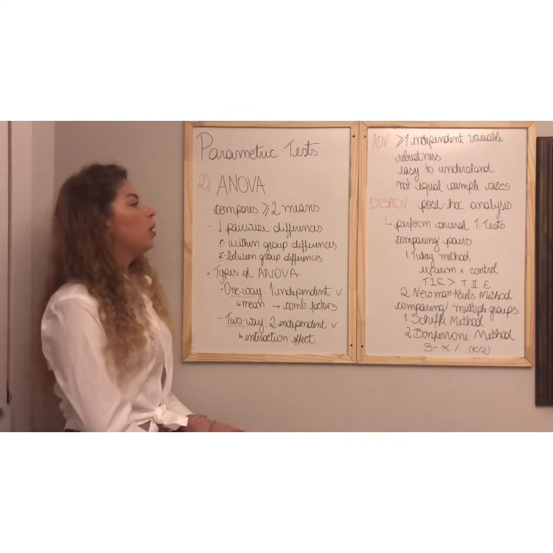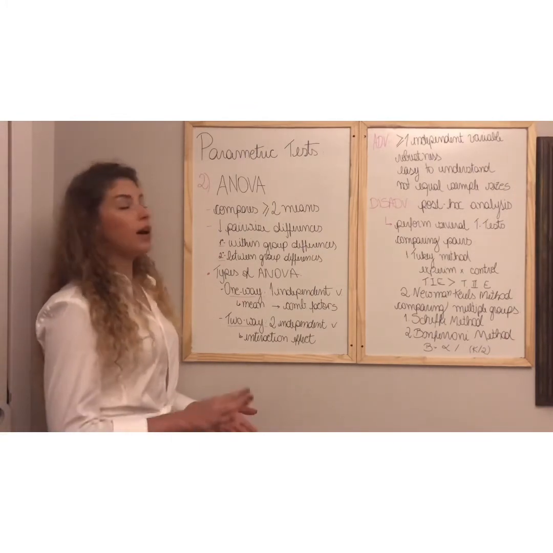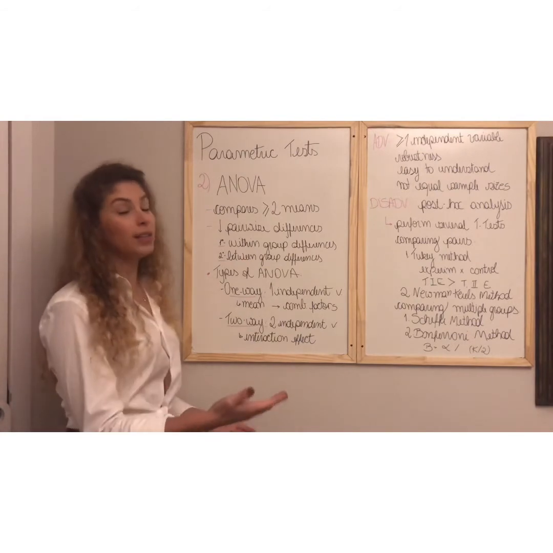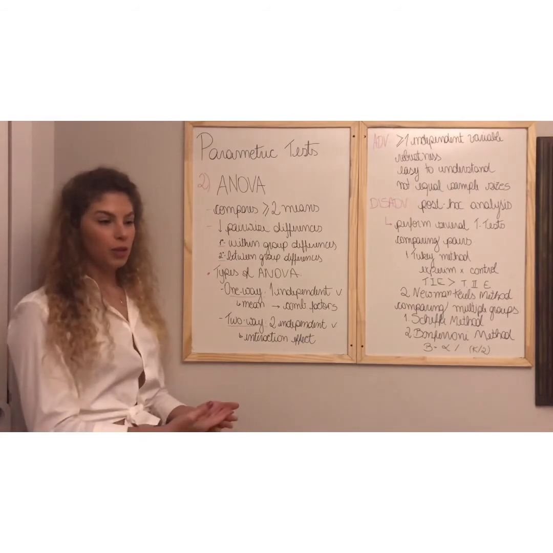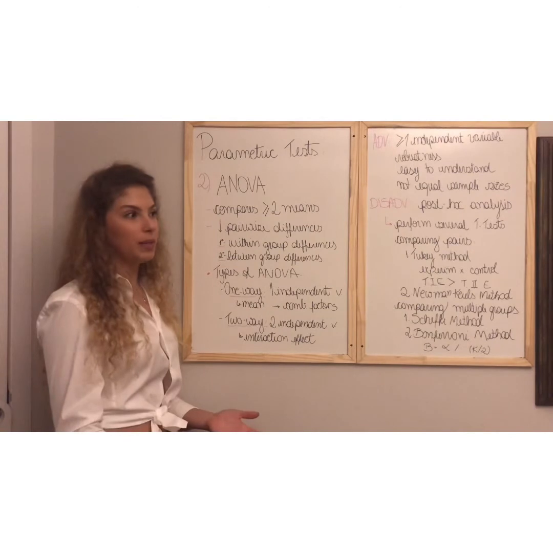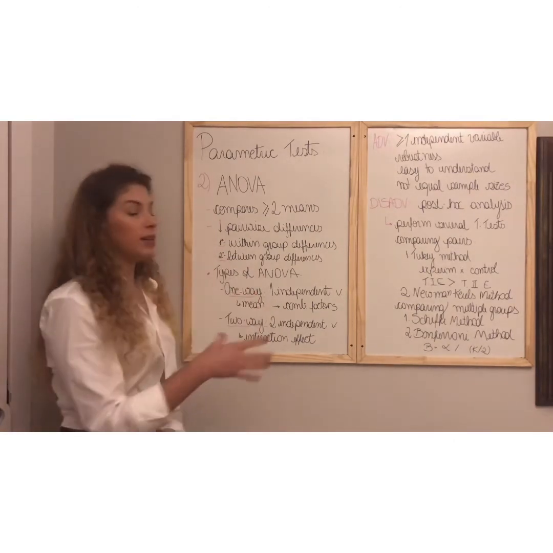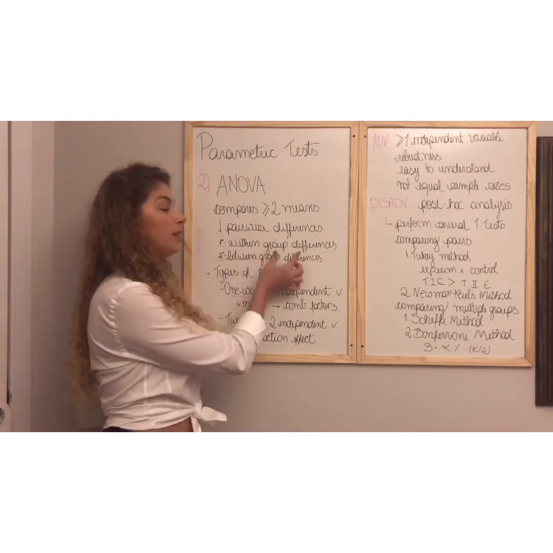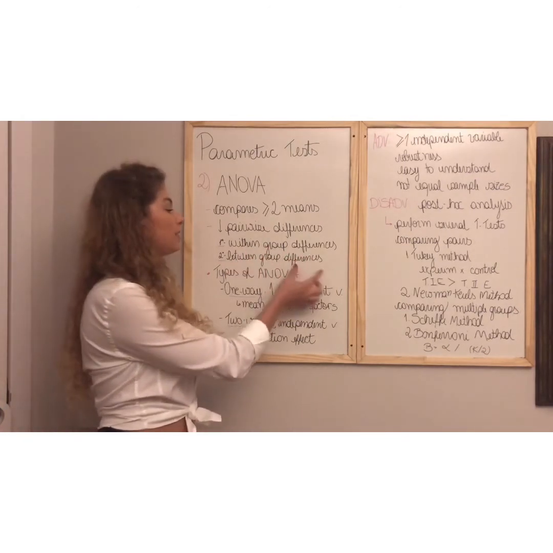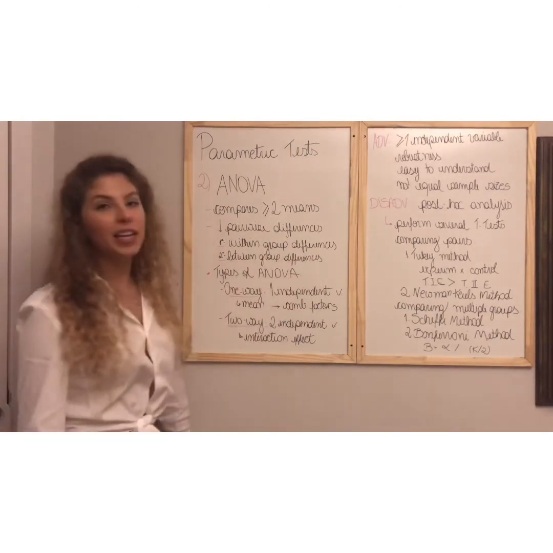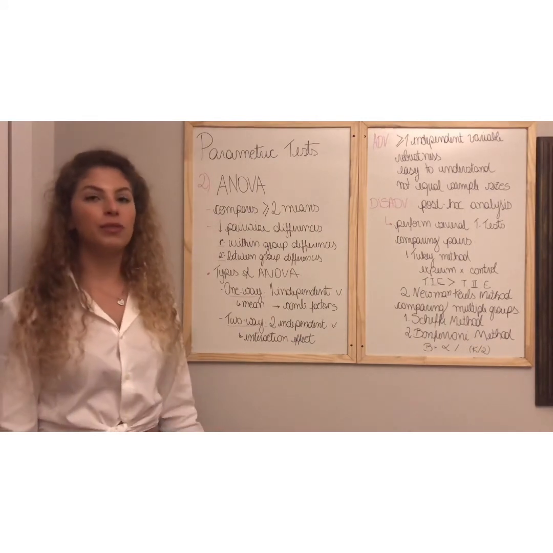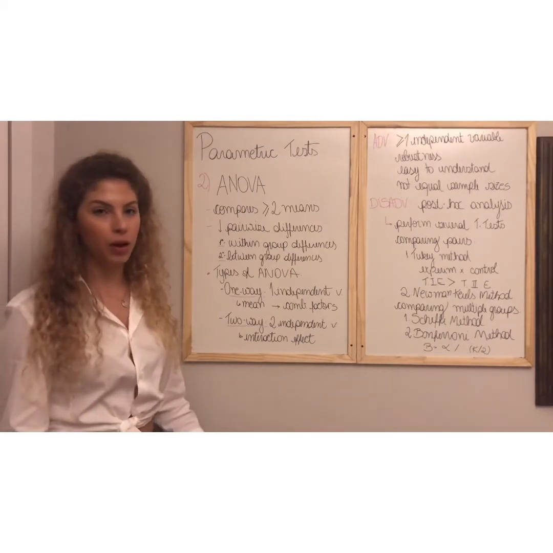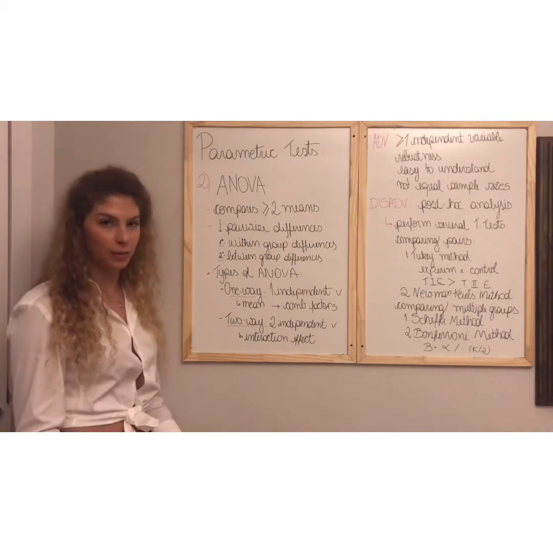Okay, well, to run ANOVA, we need to follow two steps basically. ANOVA analyzes the differences within groups, and then differences between groups, and then if we have significant differences, we need to run a post hoc analysis, right?